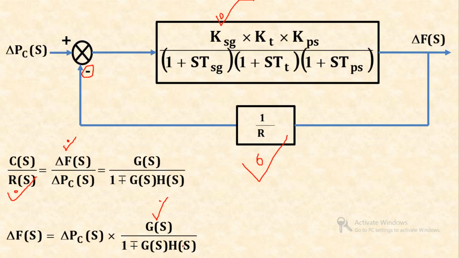Make a note that again we have considered the step input, clear? Our input is a step input, so the Laplace transform of this step signal will be delta PC divided by S. The input is positive, so we do not have to worry about that.